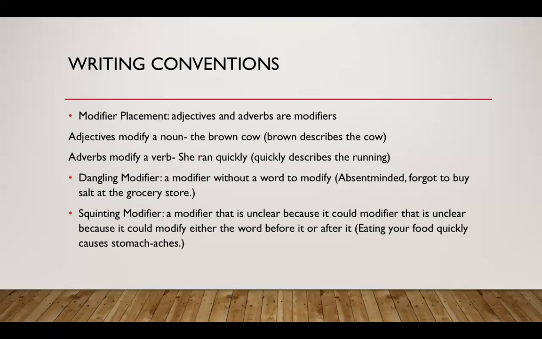Eating your food quickly causes stomach aches. So what causes the stomach aches? The food or the fact that you're eating it quickly? It's unclear whether it's the food or quickly that's causing your stomach aches. And so that's what they call a squinting modifier.